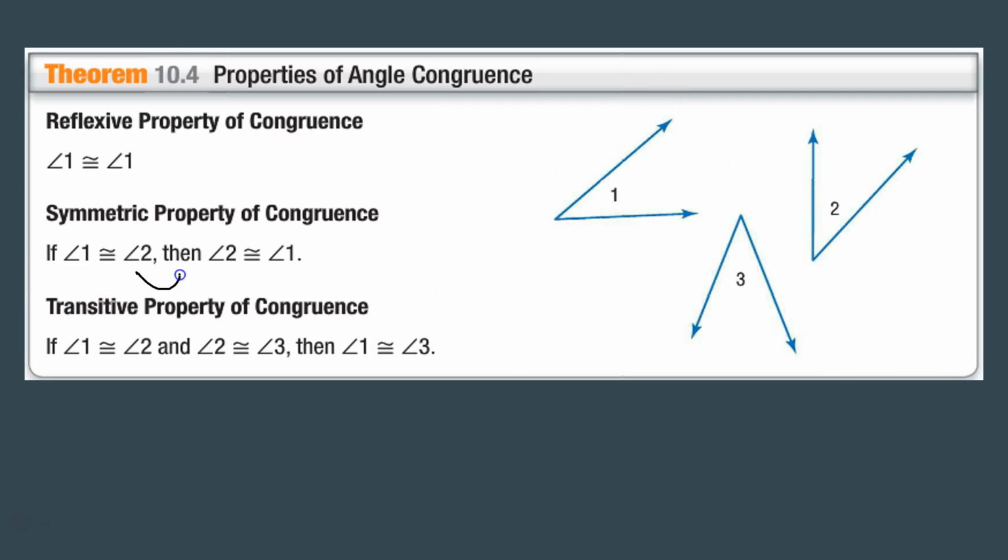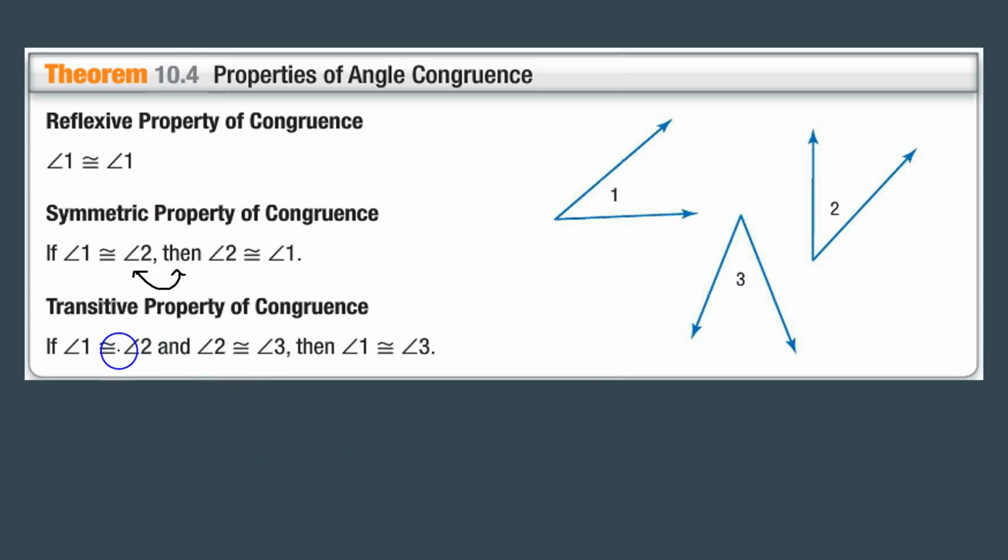Notice what happens here is they simply flip-flop, angle 1 and angle 2. Then we have the transitive property of congruence, which states if angle 1 is congruent with angle 2 and angle 2 is congruent with angle 3, then angle 1 is congruent with angle 3.